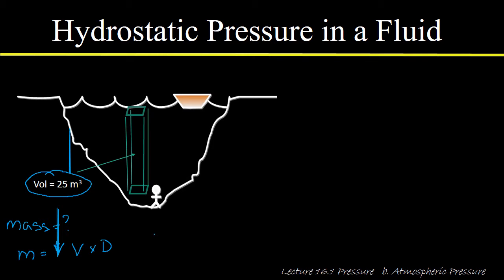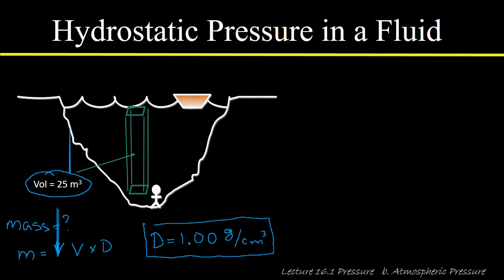The density of water, this is a number that you should know, is 1.00 grams per cubic centimeter. It varies a little bit with temperature, but under most typical conditions, that's a really good number, and so we can use that number for the density of water.